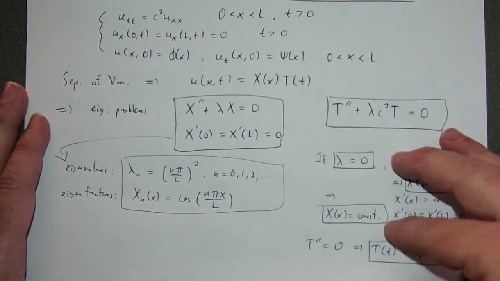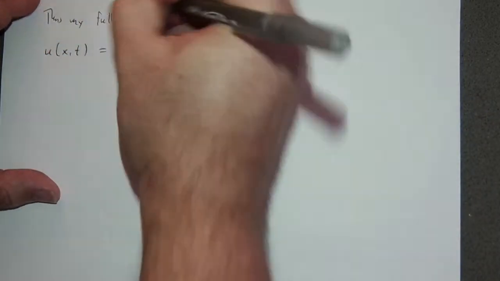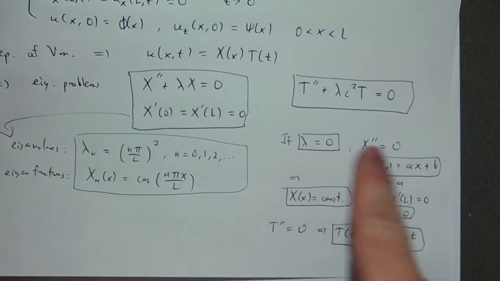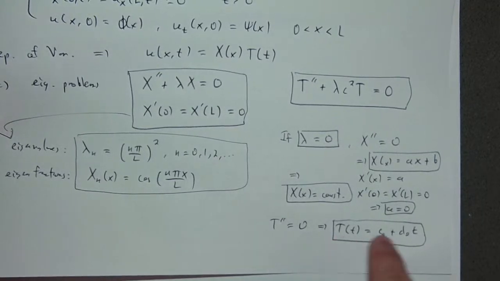And so, thus, my solution, right? So that's my solution. My full solution is u of x, t is the lambda equals 0 term, which x is just a constant that's reflected here, and t is this thing.